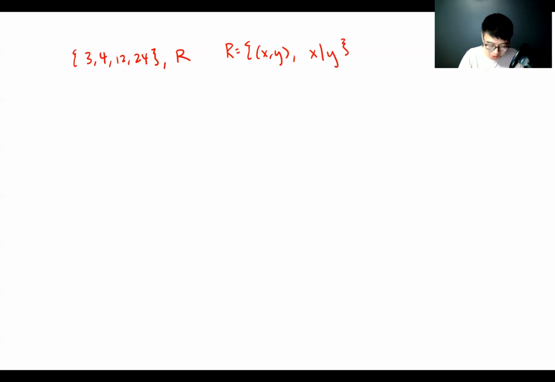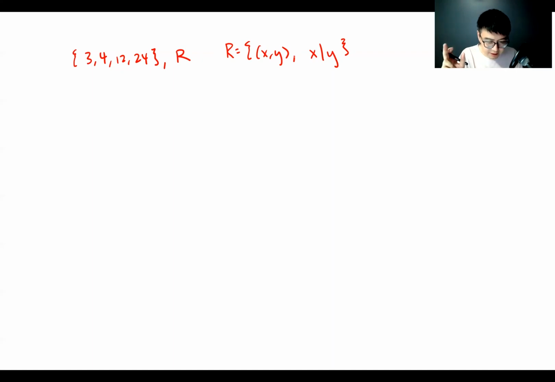Just remember that. What if I give you the set 4, 3, 12, and 24? And I tell you that I have a relation R, and I want to find out whether or not this is a partial order. So R is a relation xRy such that x divides y.